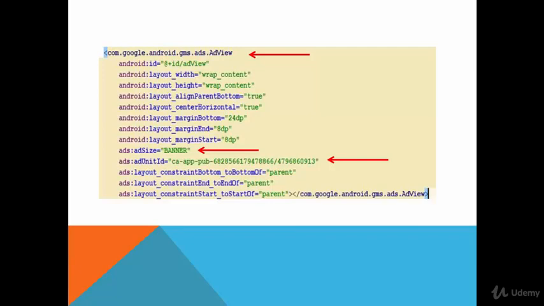As we have talked previously, when you create any type of advertisement, you will get something called an advertisement unit ID. So this is only for the XML. Just give an ID for your AdView, then select the size and add your advertisement unit ID.